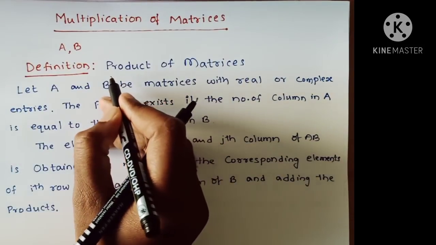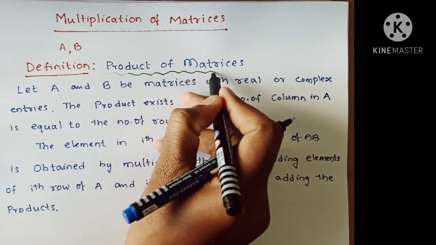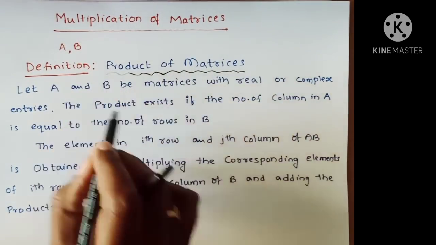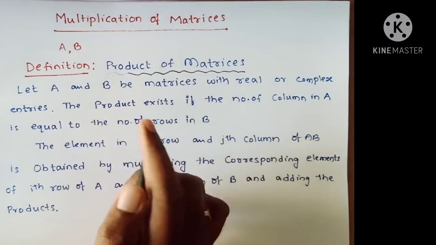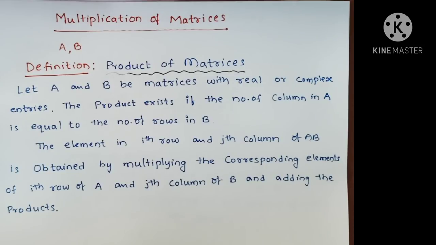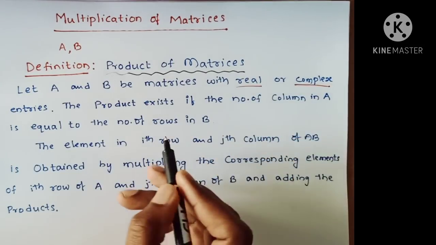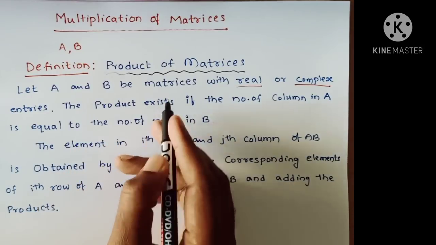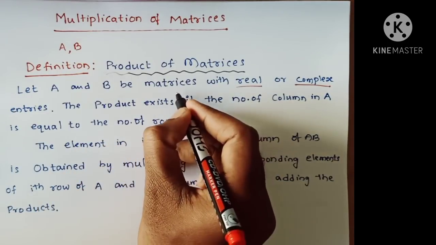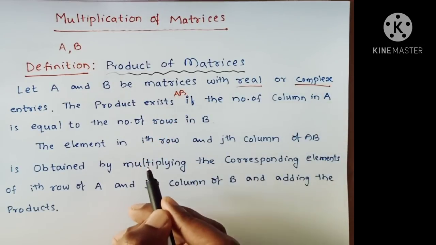Let us consider two matrices A and B, matrices with real entries or complex entries. The product exists for the matrices A and B, and it is denoted by AB.